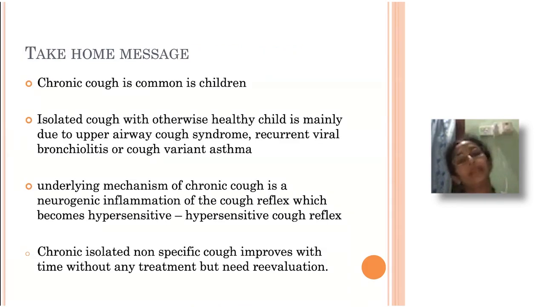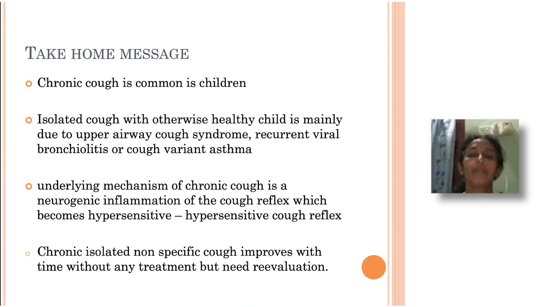Finally, the take-home message on chronic cough in children: chronic cough is common in children. An isolated cough in an otherwise healthy child is mainly due to upper airway cough syndrome, recurrent viral bronchiolitis, or cough variant asthma.